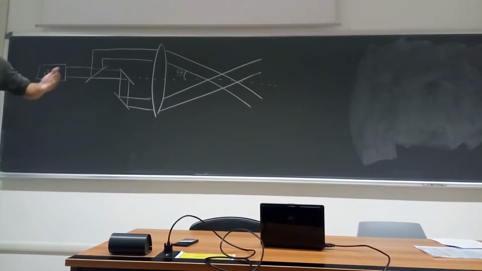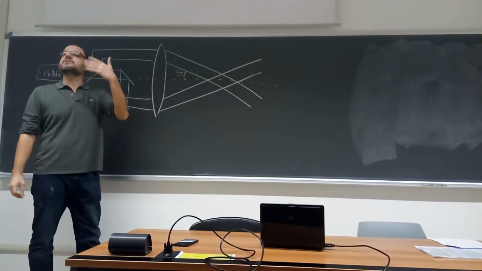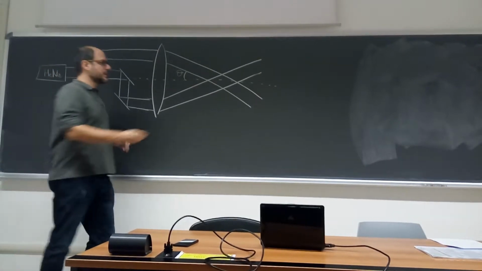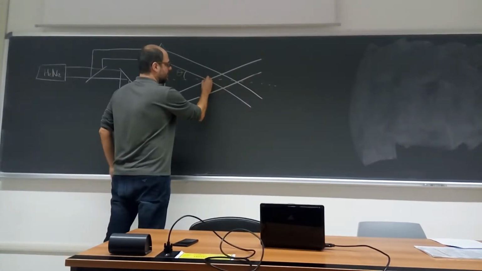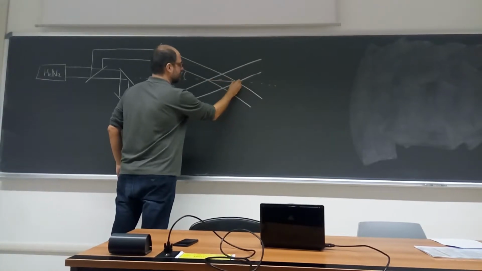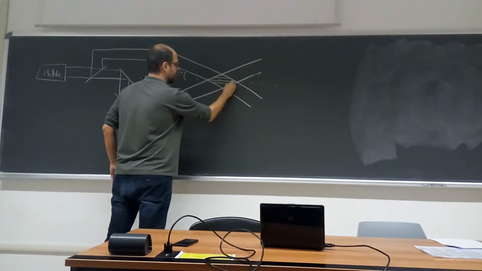What we know is that in the overlapping zone of the two beams, we have fringes of interference. For example, let's suppose that we have light on the optical axis, then we have another fringe here, another fringe here, and so on.